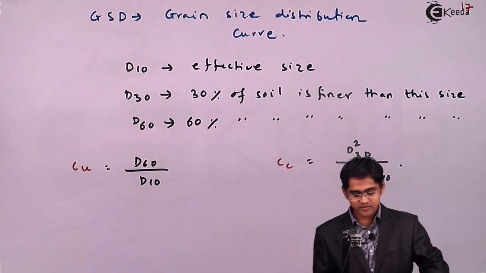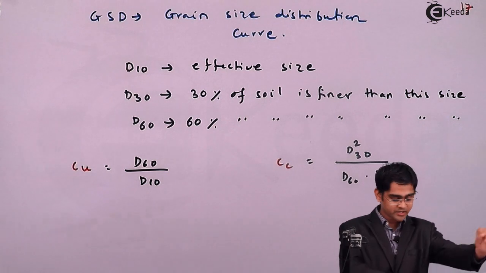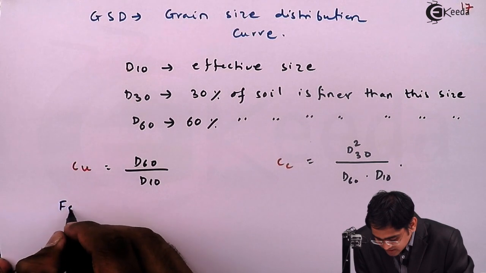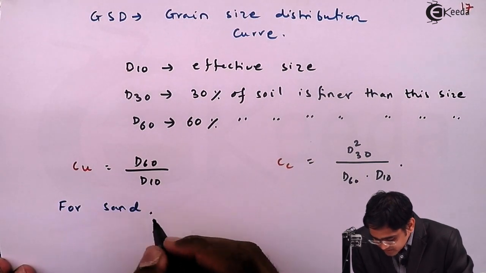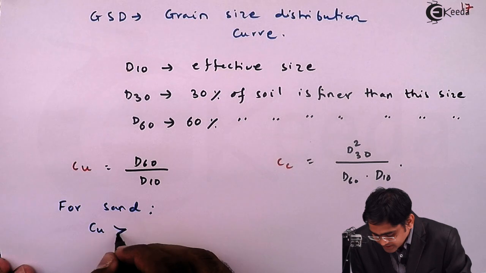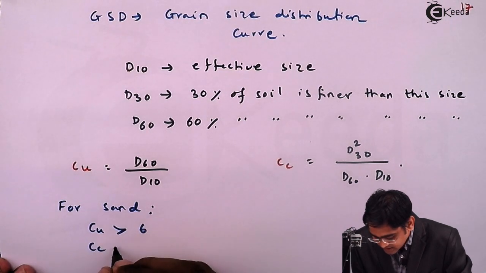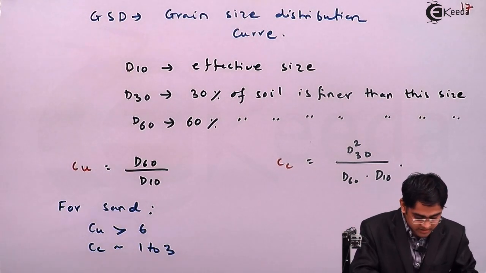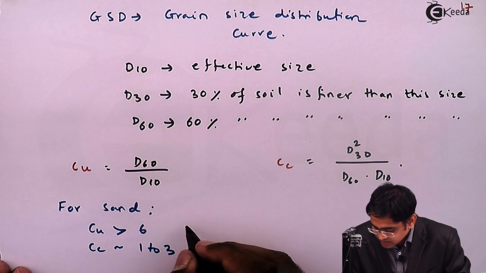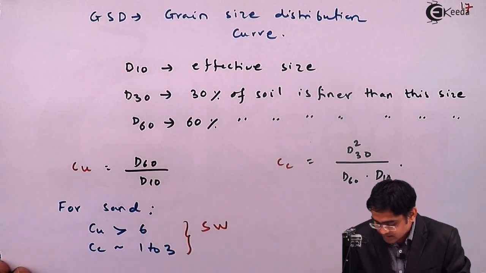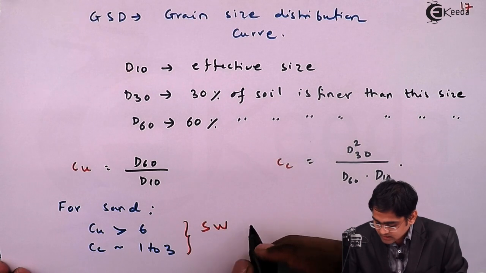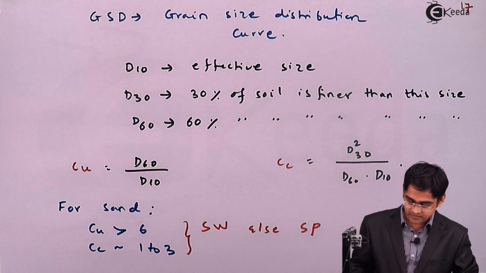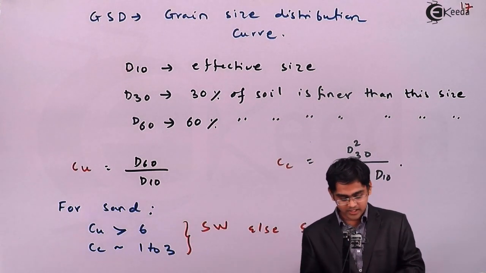Specifically for sand, if Cu is greater than 6 and Cc lies between 1 and 3, and both conditions are satisfied, then we call it well graded sand. Else you call it poorly graded sand. If any of these conditions fails, you call it poorly graded.